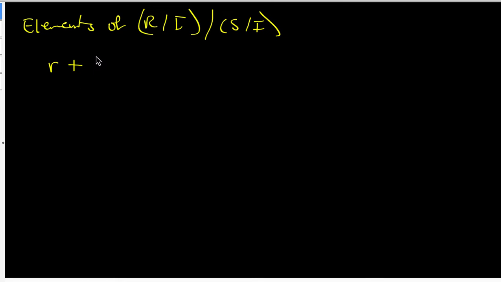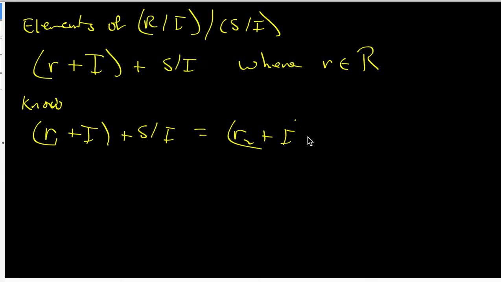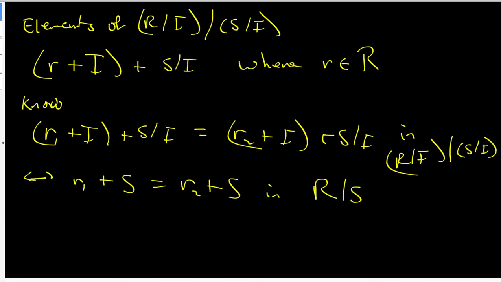They look like r plus I, and then we add the ideal S mod I, where r is any element of the ring R. We also know that r1 plus I plus S mod I is equal to r2 plus I plus S mod I in R mod I modded by S mod I, if and only if r1 plus S is equal to r2 plus S in the ring R mod S.